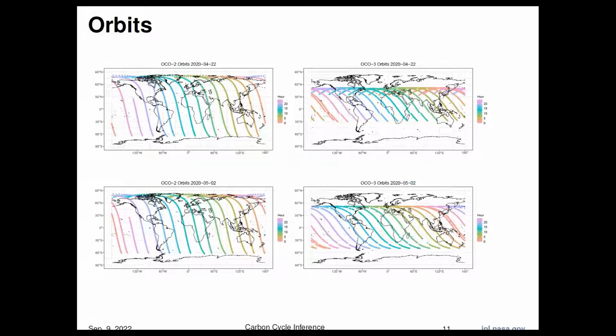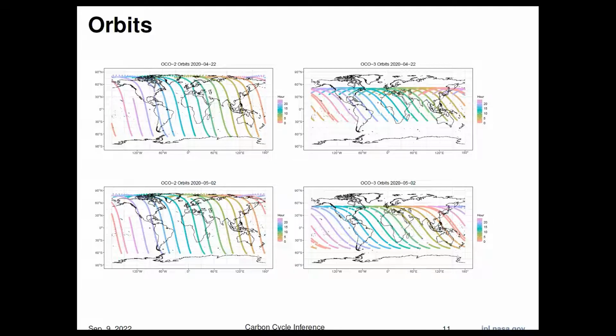Those 2 instruments and their respective observing patterns yield different patterns in space and time in terms of the observations they collect, and that's what we're looking at on these maps.